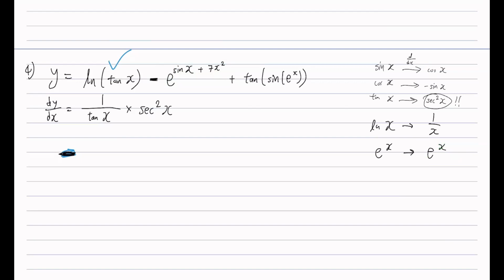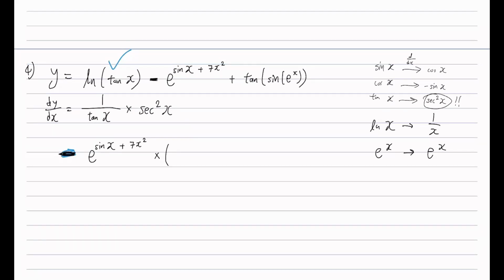So all you need to do is minus e power sine x plus 7x squared. Yeah. All right. Plus or times? Times, bracket, sine x plus 7x squared.